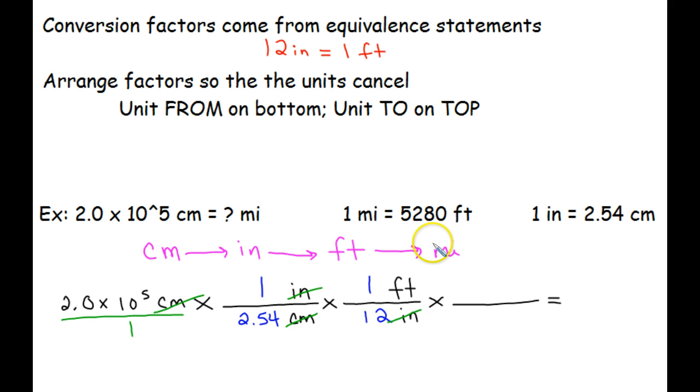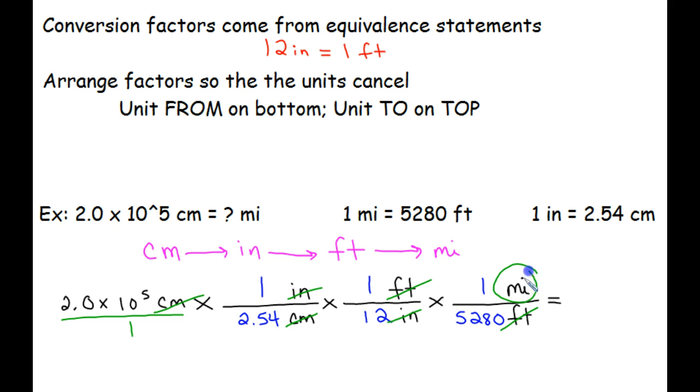Now we're converting the feet to miles, so we're going from feet, so that goes on the bottom, to miles, which is on top. And our numbers come from our equivalence statement that I gave you. 1 mile, 5,280 feet. And again, we see that our feet cancel.